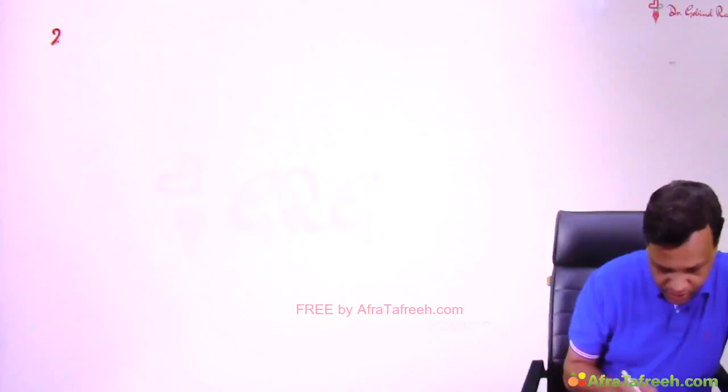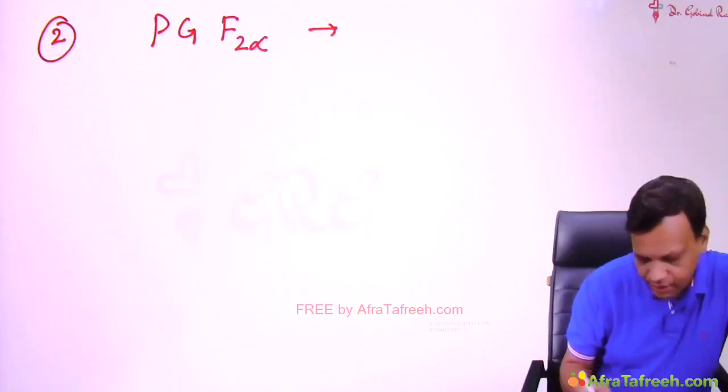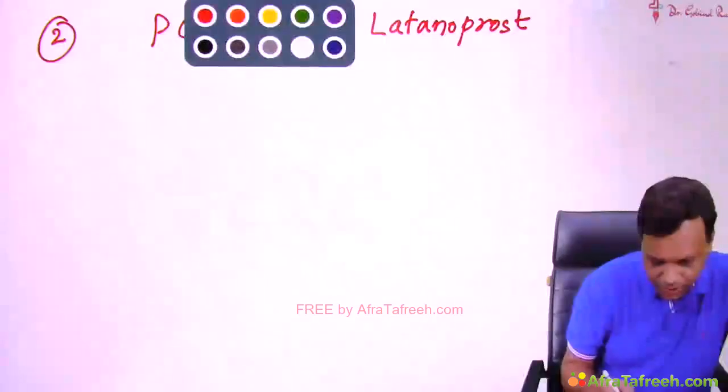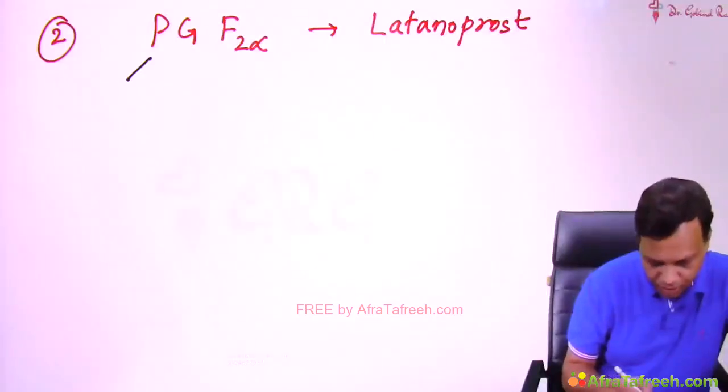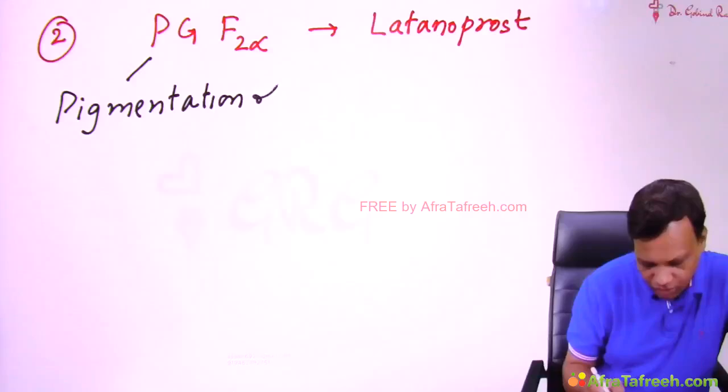Then we can see the adverse effects of prostaglandin analogs, PGF2 alpha, like latanoprost. So they produce three major side effects in the eye, and you can remember them. P for pigmentation. These cause pigmentation of the iris.